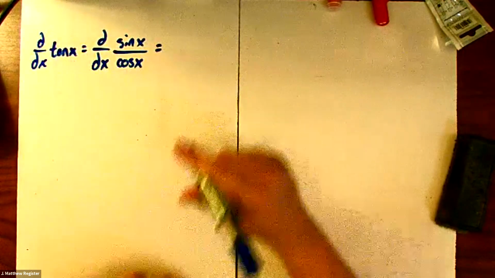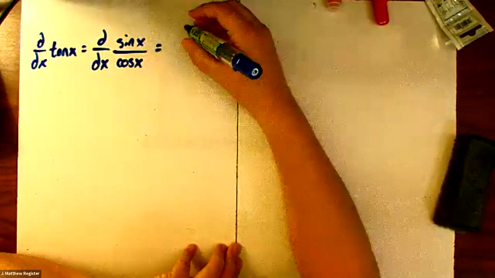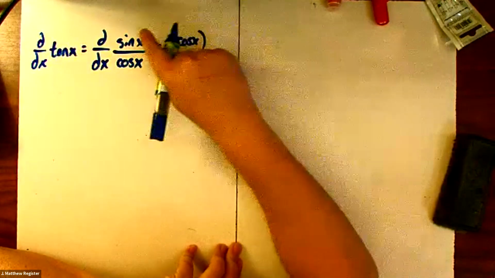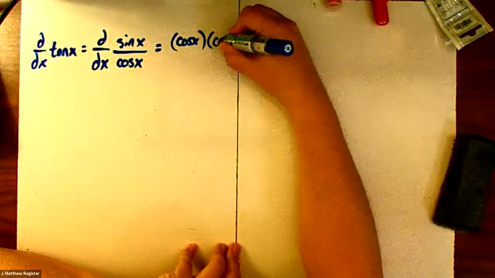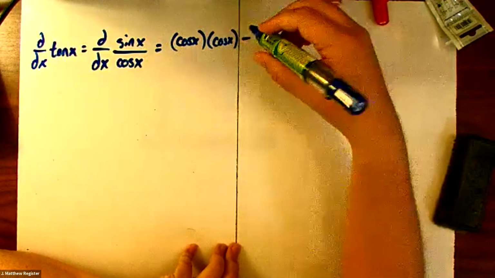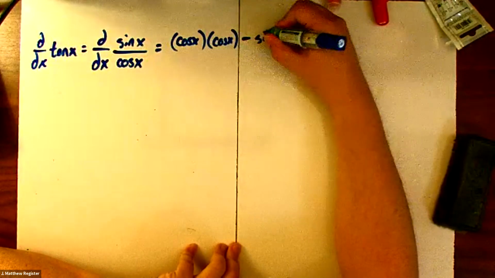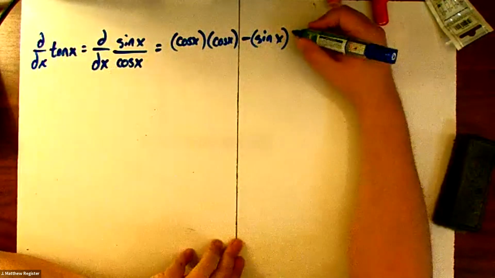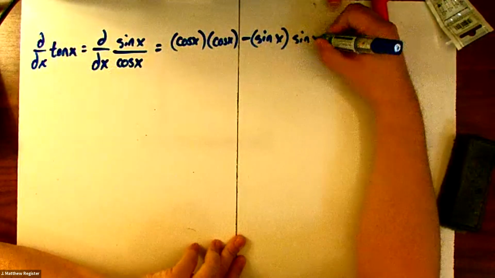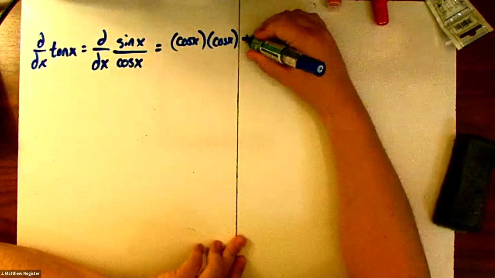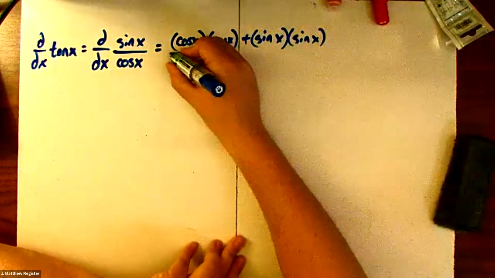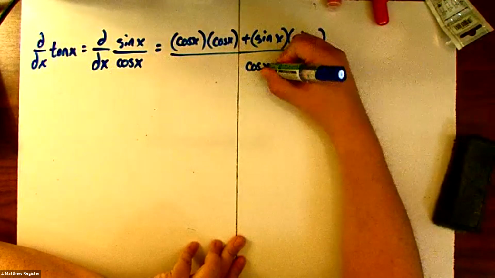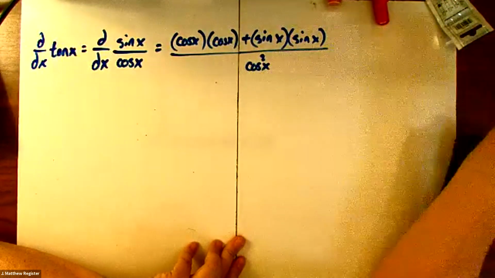Well, using our quotient rule, it's ho d high, so that's going to be cosine of x times the derivative of sine of x, which is cosine of x, minus high d ho. High, the derivative of cosine would be a negative sine. So it'll be a sine, and then we'll bring the negative out, over ho ho, cosine squared of x.